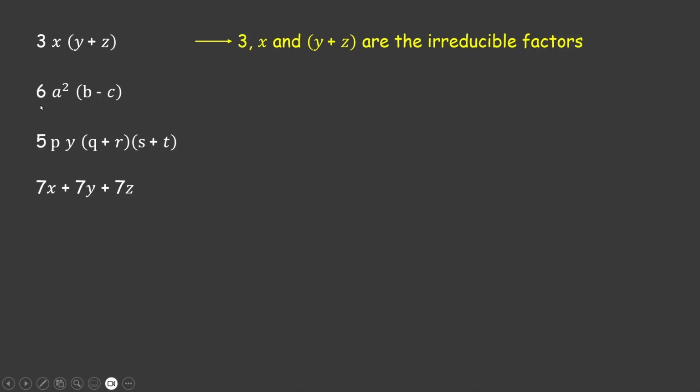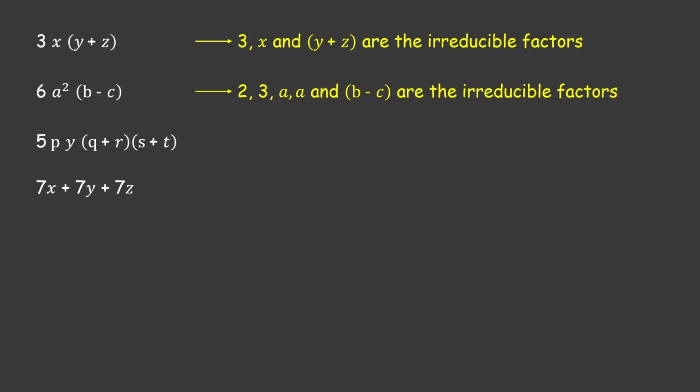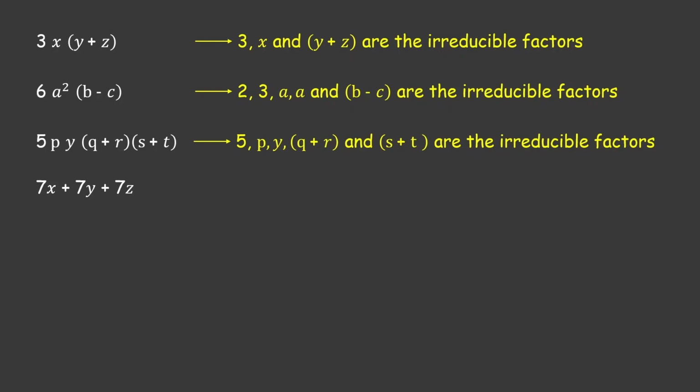Now, in the next case, 6 can be written as 2 into 3, and a square can be written as a into a. So, 2, 3, a, and b minus c are the irreducible factors. For the third case, 5, p, y, q plus r, and s plus t are the irreducible factors.